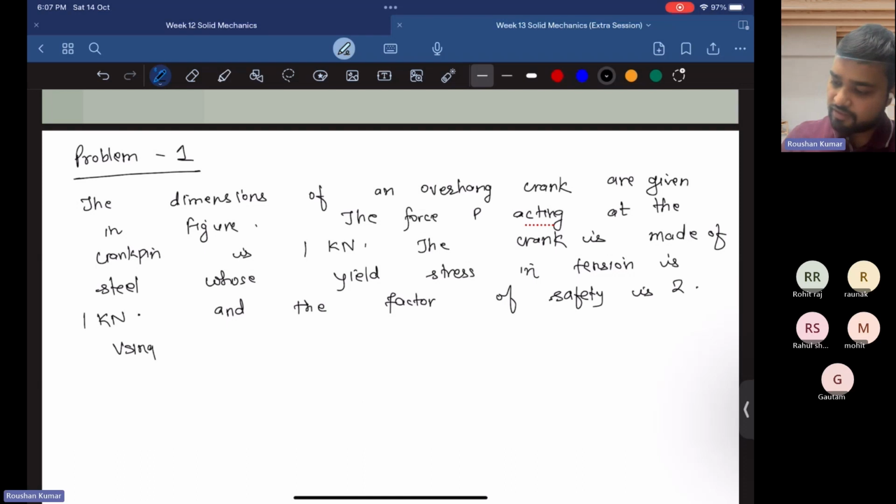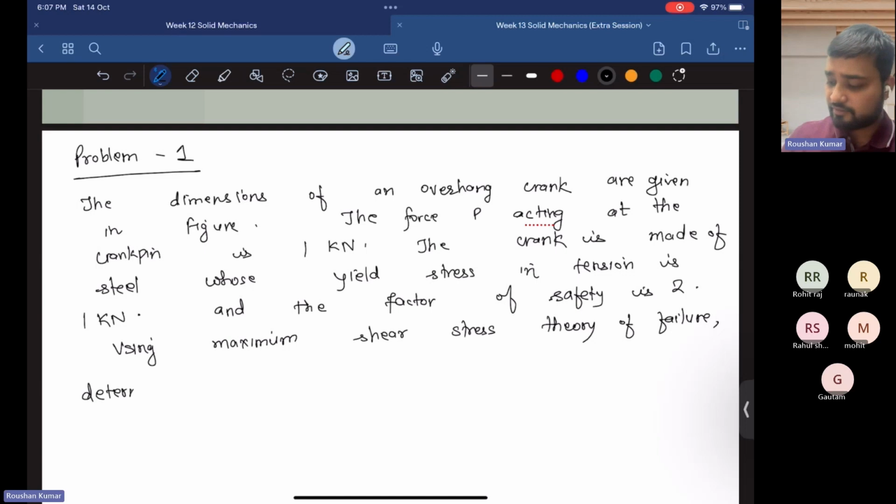Using maximum shear stress theory of failure, determine the diameter D at section XX.